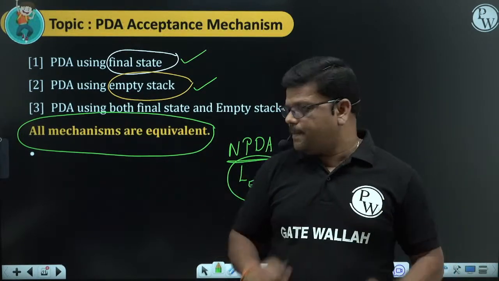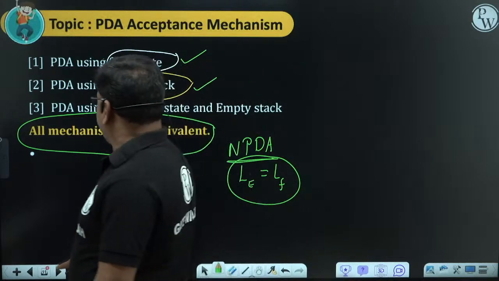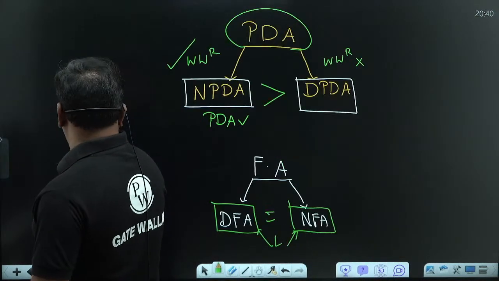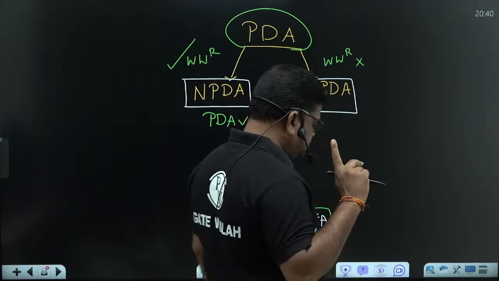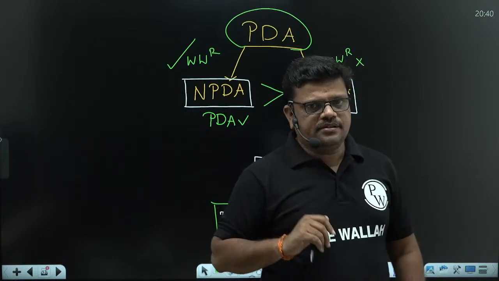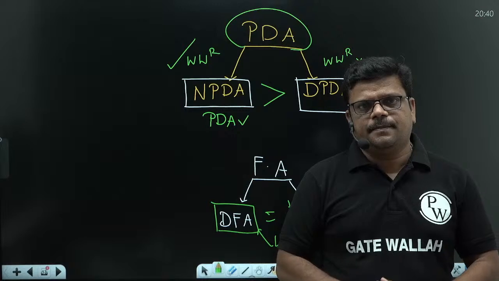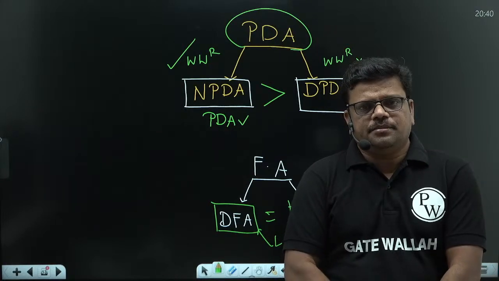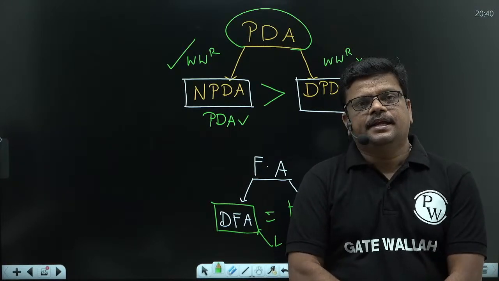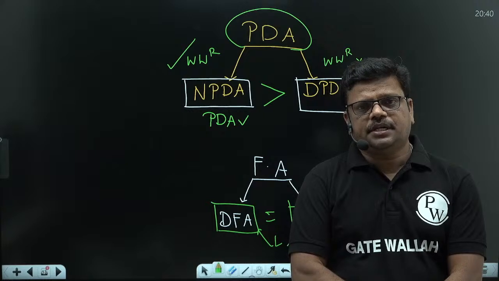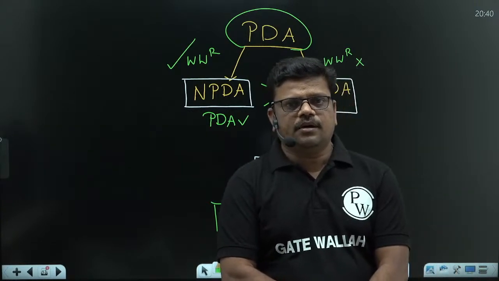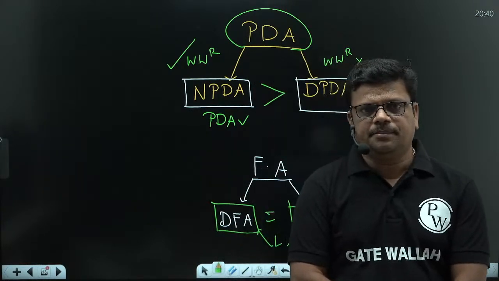And then we studied the deterministic and non-deterministic natures of the automata. While recognizing languages, a PDA can be deterministic or non-deterministic. The non-deterministic PDA accepts more languages compared to the deterministic PDA.